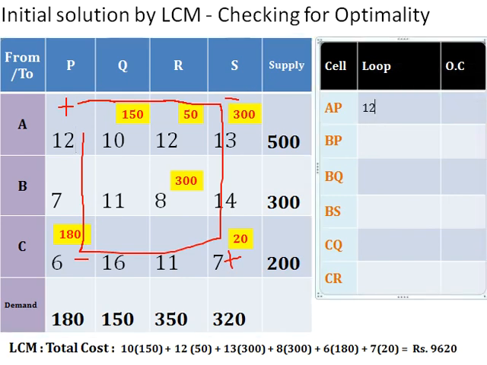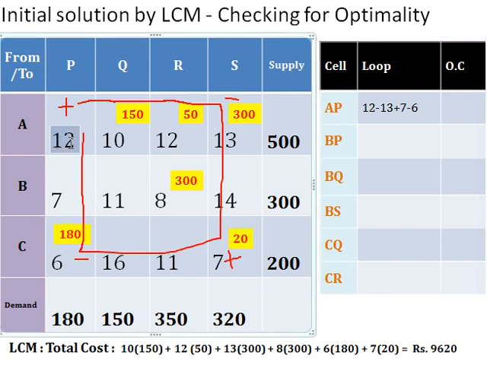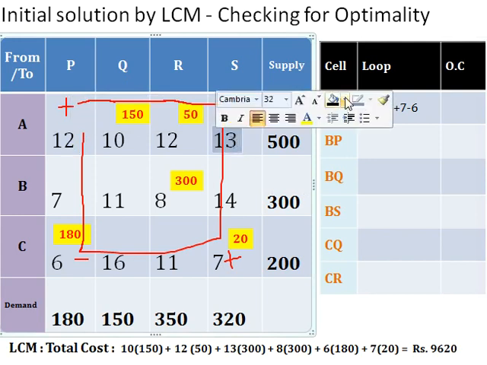So we have 12 minus 13 plus 7 minus 6. So this is our loop. As you can see, the loop's calculated values are 12, which is plus, minus this 13.